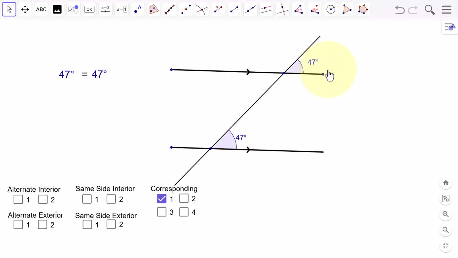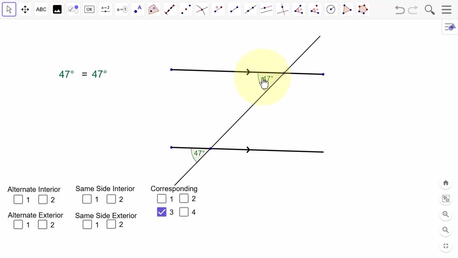That is why they are corresponding angles. Looking at this one here and this one, they are also corresponding. If you click on 2, you can see these two angles are corresponding, 133, 133. If you click on 3, you will see that 47, 47, these are corresponding angles, just like that.